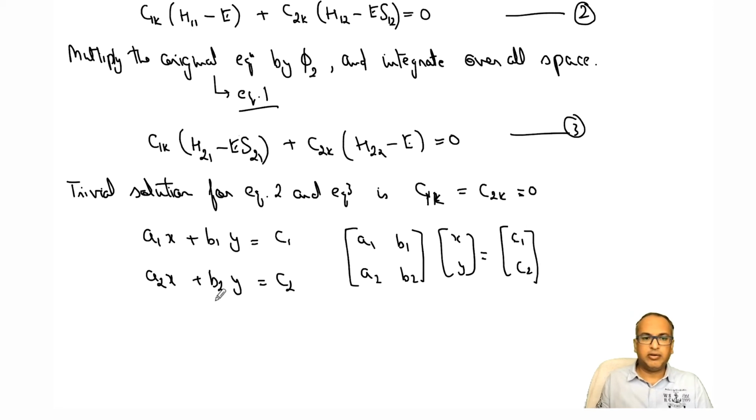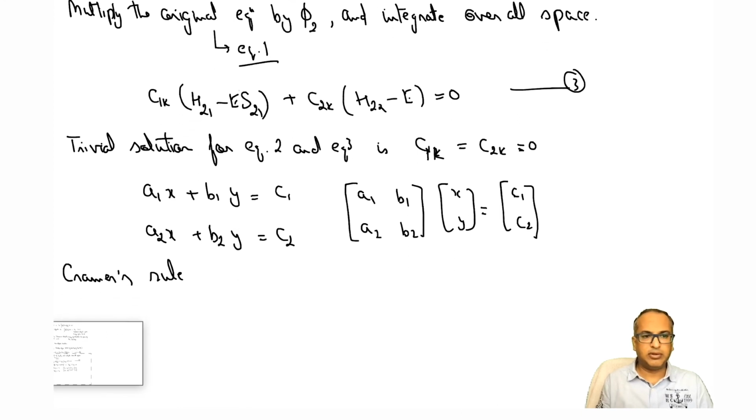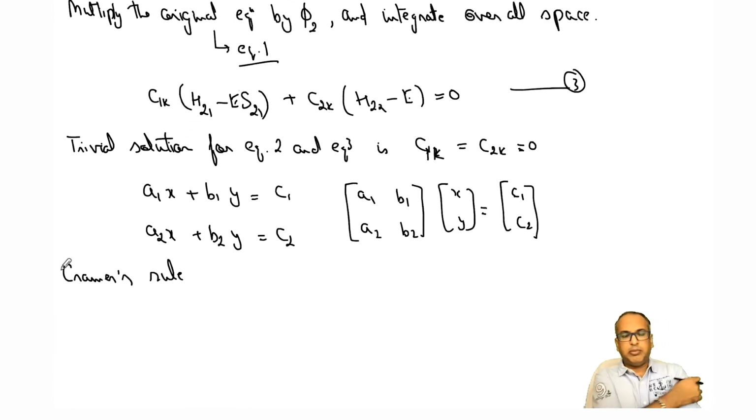In this case, we can apply Cramer's rule. You must remember Cramer's rule from your class 11th, when matrices and determinants were used to solve a set of linear equations, right?